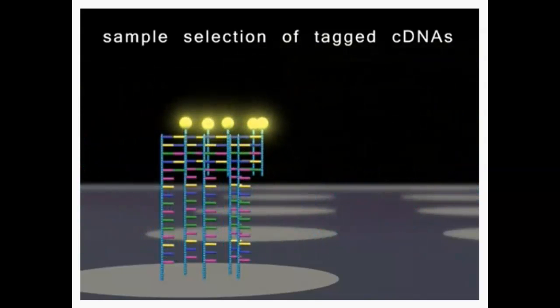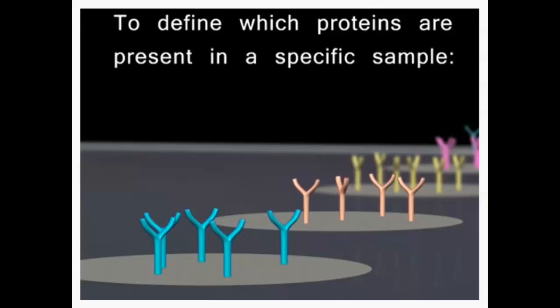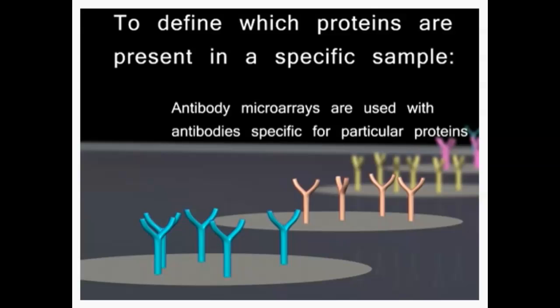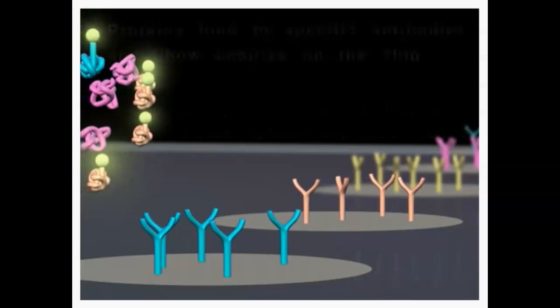Then you add a selection of those tagged DNAs that you've made, and you can identify which genes are being expressed in this sample by noting which DNA fragments are positive. It is so cool.